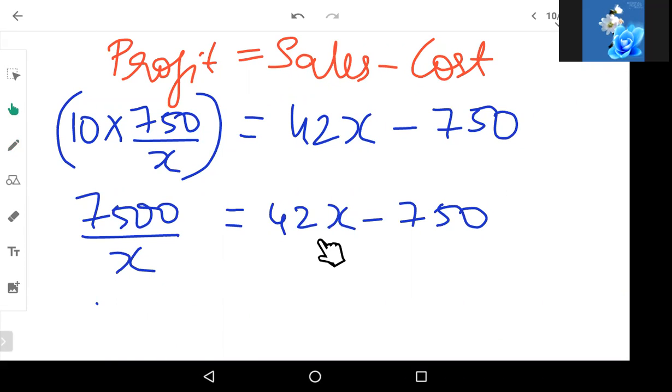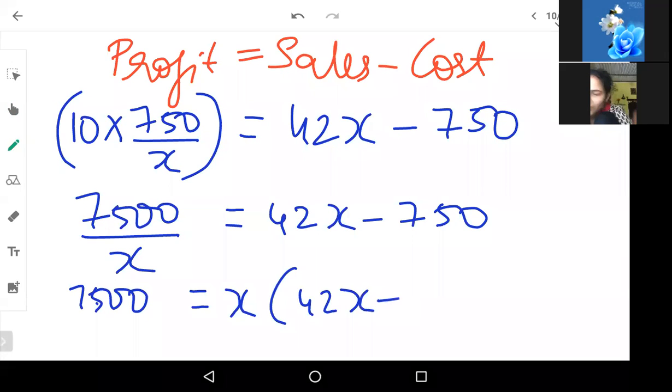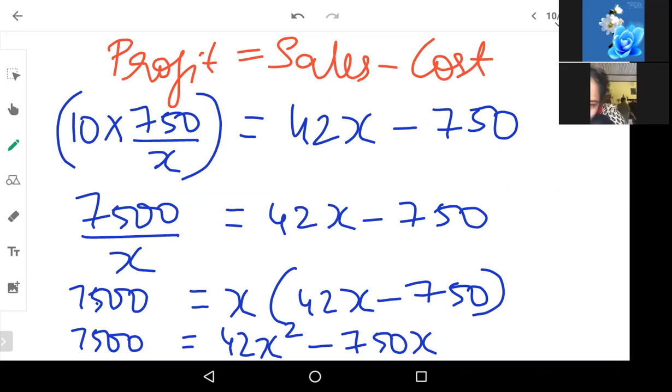So what will it become? 7500 is equal to x into 42x minus 750. Okay, now let us multiply. 7500 is equal to 42x into x is 42x square. x into minus 750 is minus 750x. Okay, so this is what we get.